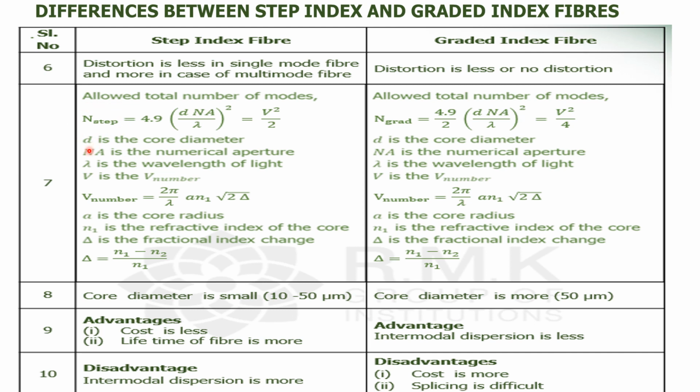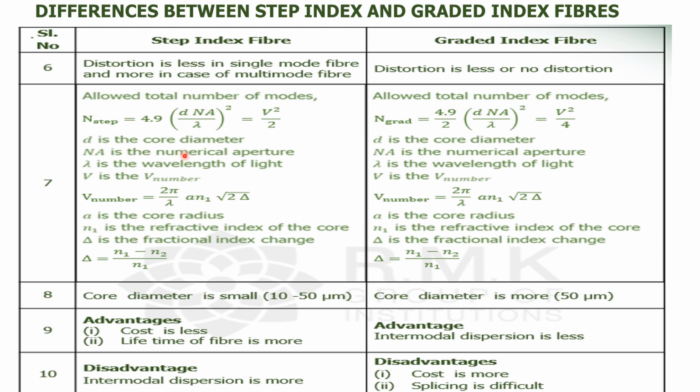Now next comes how many modes can travel through a step index optical fiber. So it is a formula. Please learn this formula by heart because problems will come based on this formula. N step is equal to 4.9 into D into NA by lambda, whole square, which is equal to V square by 2.